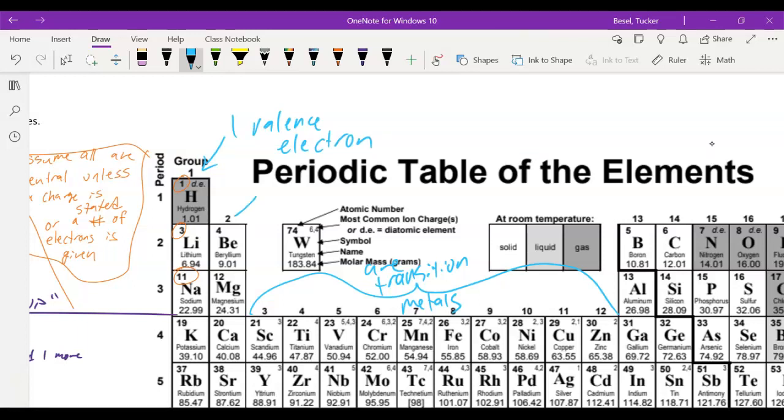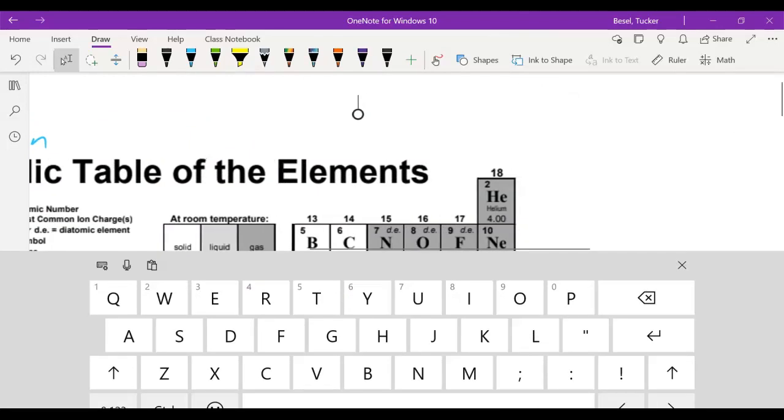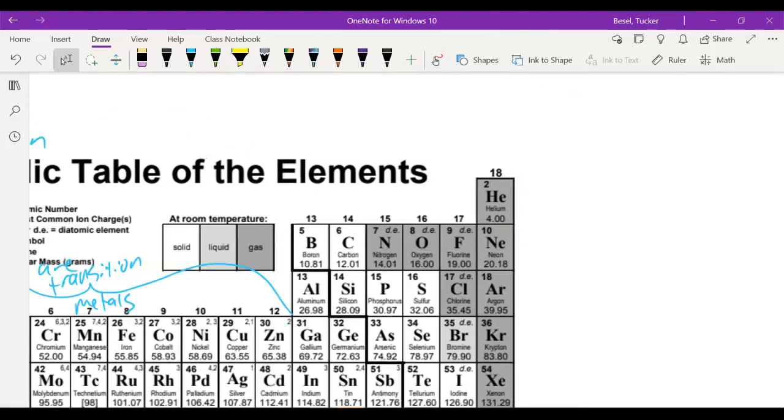And then in group 2, these have 2 valence electrons. And then we skip the transition metals. And then we'll do a couple more examples here, but these all have 3 valence electrons. If you notice, these numbers right here are the ones that tell you how many valence electrons they have.